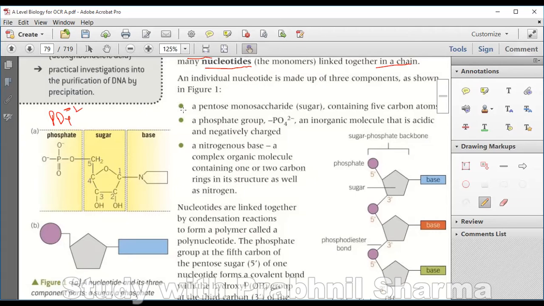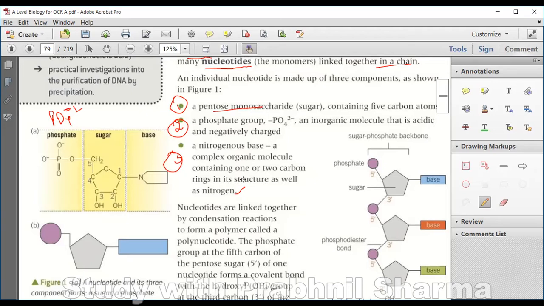The first one is pentose sugar, a monosaccharide that contains 5 carbons. The second one is phosphate group, that is PO4 minus 2. And the third one is a nitrogenous base, a complex organic molecule containing one or two carbon rings in its structure as well as nitrogen.